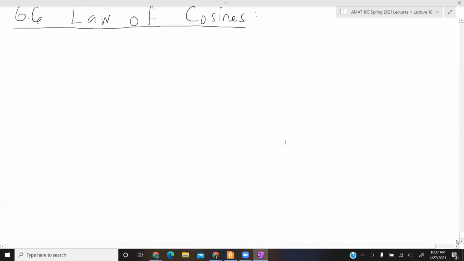So the setup is we have some triangle ABC, just any triangle. It doesn't have to be a right triangle. We have angle A, angle C, and angle B. And we have to be careful about our triangle convention, about how we're labeling it.